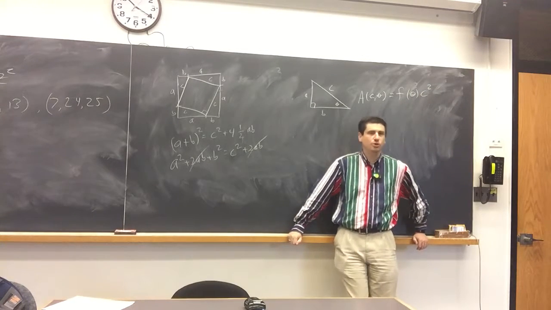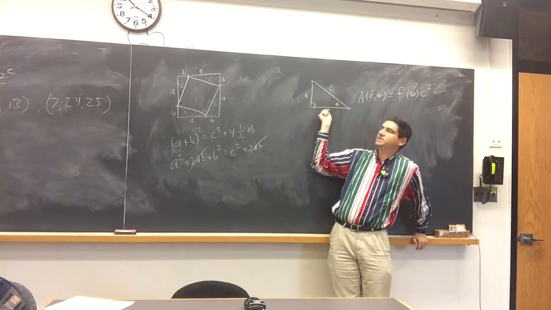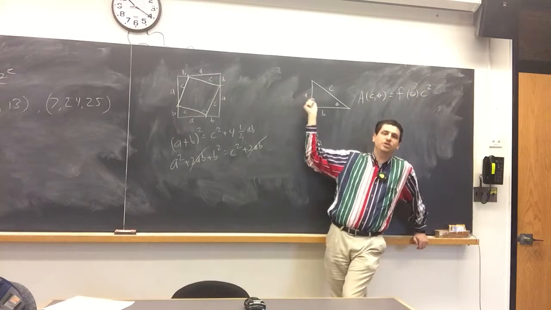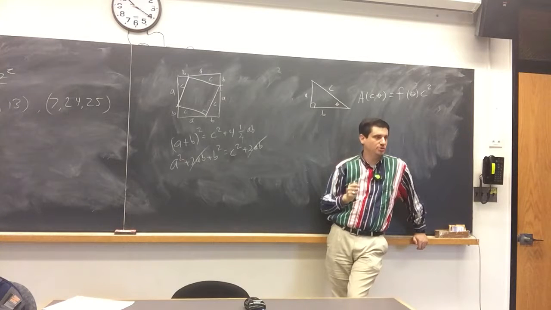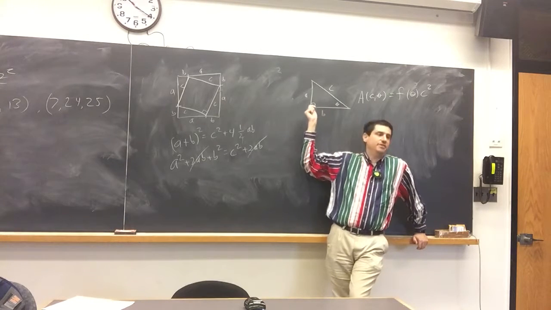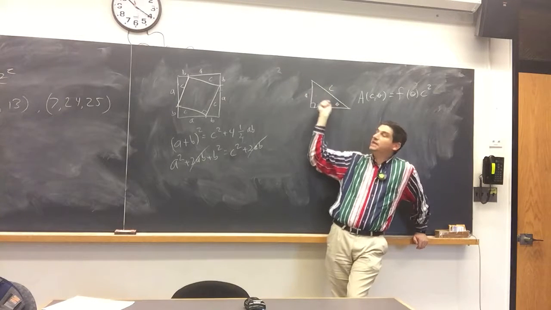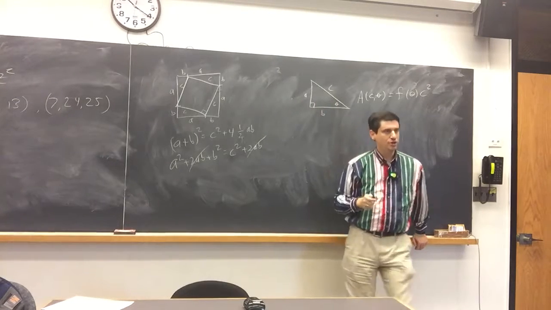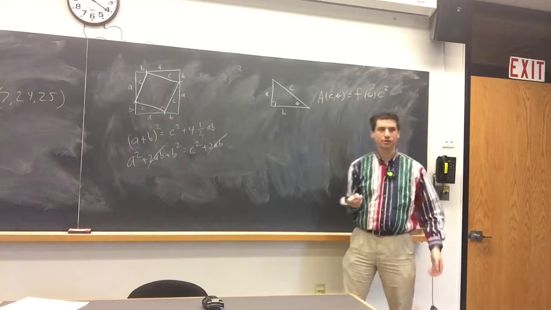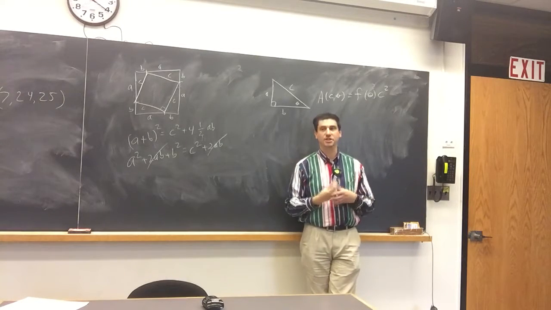If you know trigonometry, this side is c sine theta, this is c cosine theta, so the area is 1/2 c squared sine theta cosine theta. The other thing is, this is an area. If I increase c by a factor of r, I increase the length and the width by a factor of r, so the area increases by a factor of r squared. So the area has to be proportional to the square of the hypotenuse. I'll call that proportionality constant a function of theta.